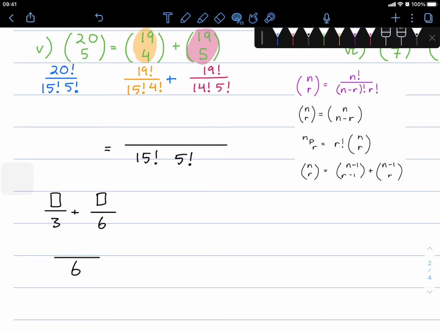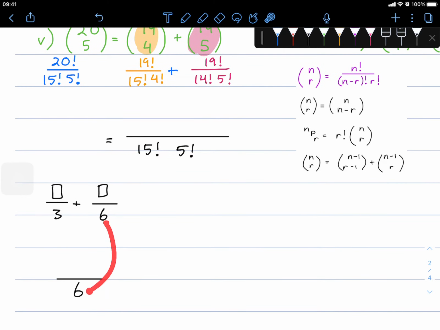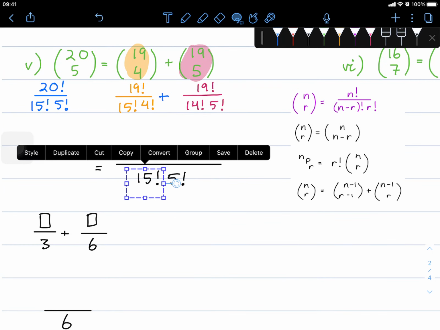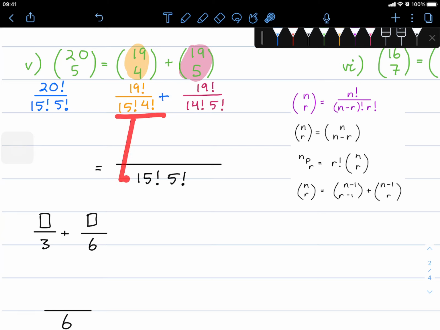Now, actually, let's keep this example here. Now, think of it like this. For 6 to become 6, nothing happens. But for 3 to become 6, it has been multiplied by 3. Well, whatever we do to the bottom, we do to the top. So now, this denominator, how did it become this denominator?